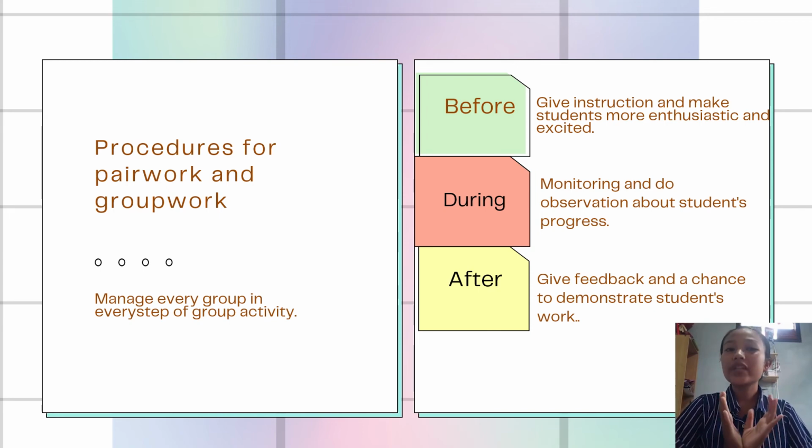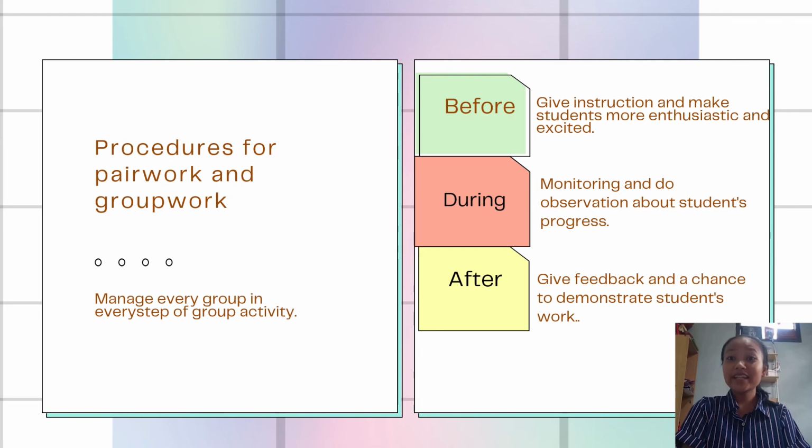This helps to give them a clear framework to work within. The important thing about instruction is that the students should understand and agree on what the task is. To check that, we might ask them to repeat the instruction. So we can give instruction first and then make them repeat the instructions.